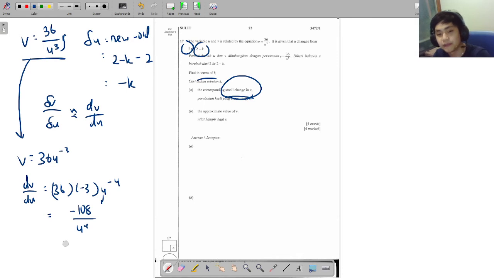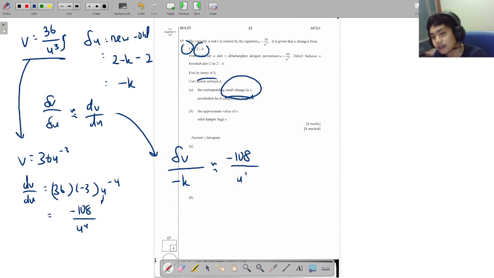Easier to calculate. So since we know this already, we're going to apply the formula now. So delta v over delta u is approximately equal to dv/du, which is negative 108 over u to the power of 4. So delta v is approximately equal to negative 108 over u to the power of 4 times k. So we need to sub in u.